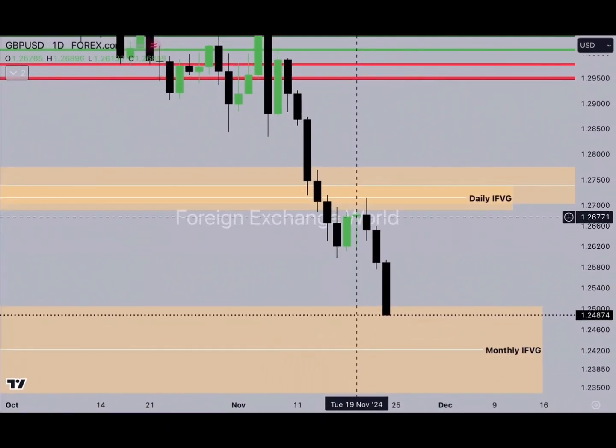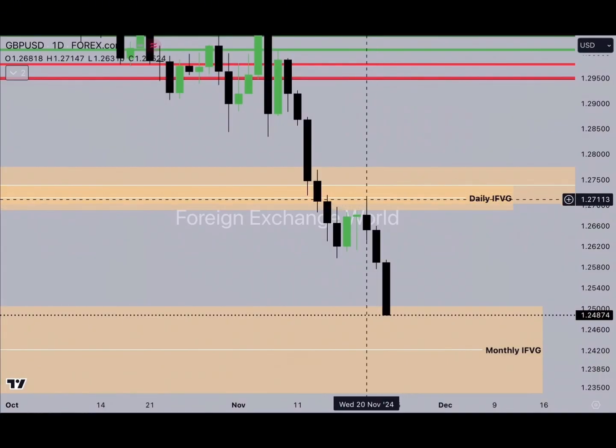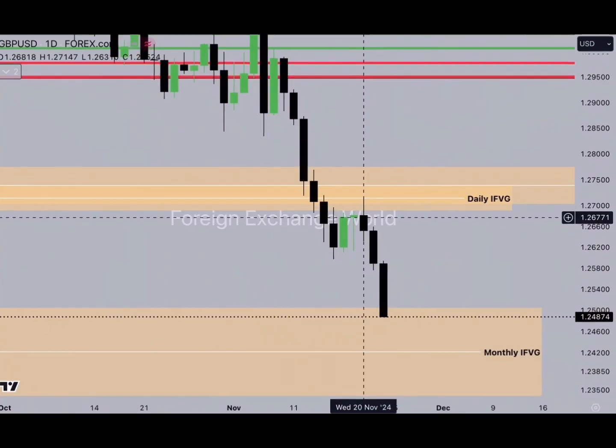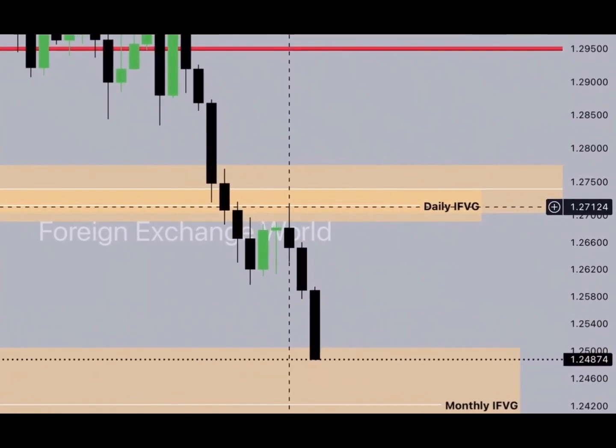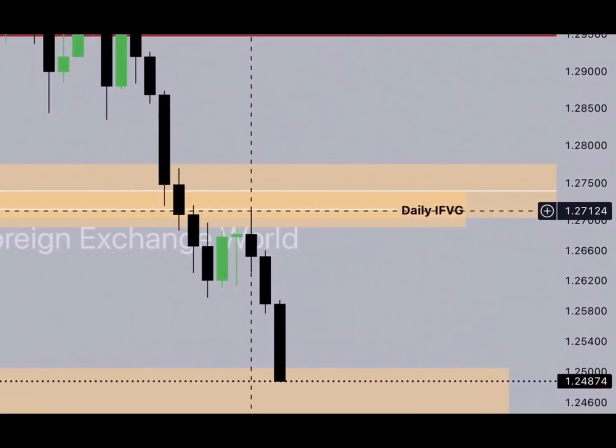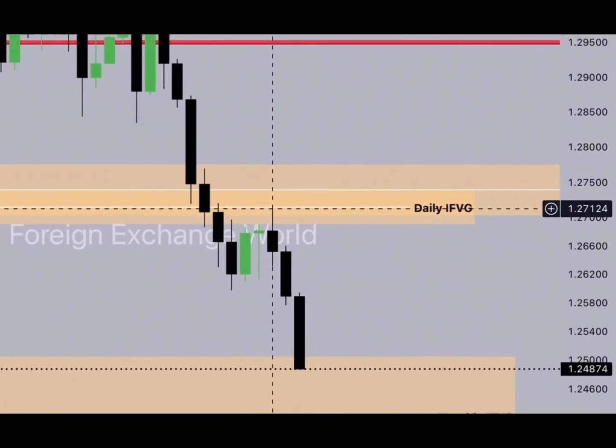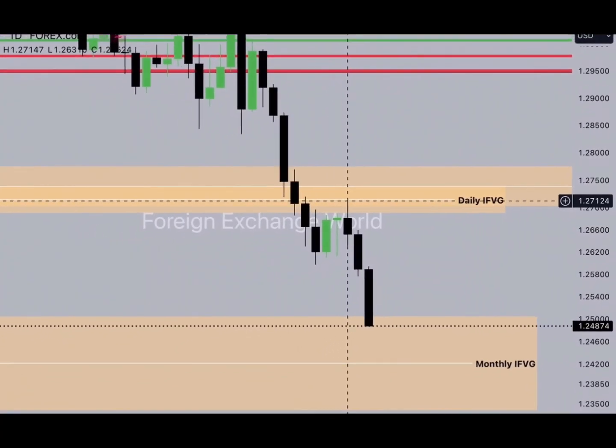Price went higher, then on Wednesday it created a high. Where did it create it? It created the high at the consequent encroachment of the daily inversion fair value gap.